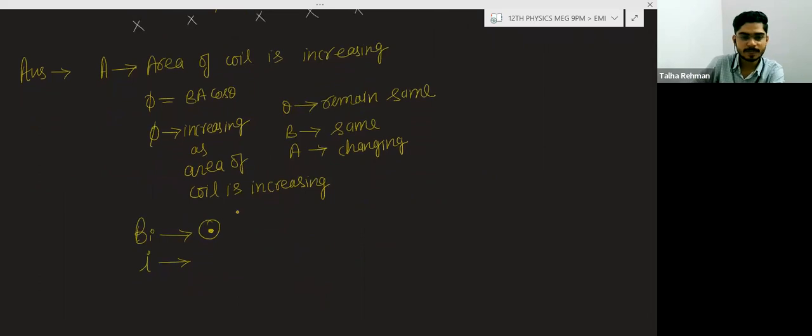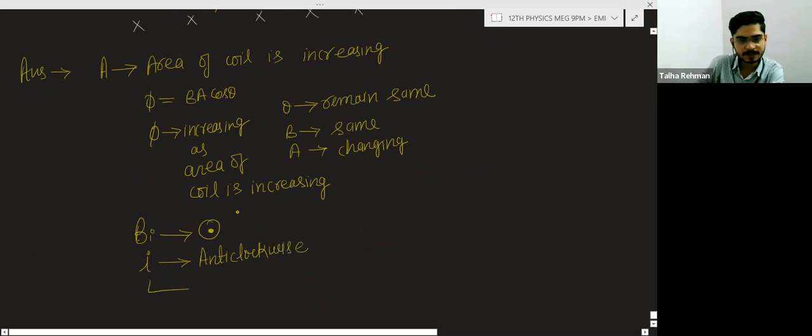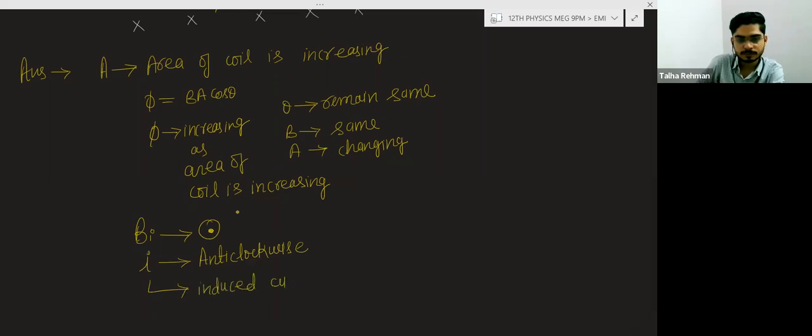So I, the induced current in the coil, will be anti-clockwise. Note down this.